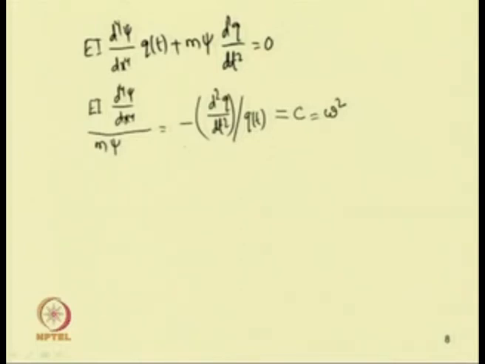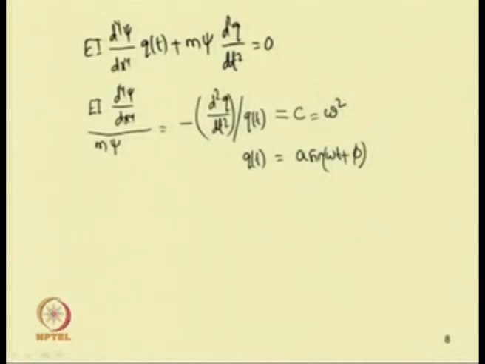So, one can write this d²q/dt² by q equal to minus ω², or the motion is simple harmonic. So, from this q(t) can be written in this form, a sin ωt, or one can put a sin(ωt plus φ), where a and φ can be obtained from the initial condition.